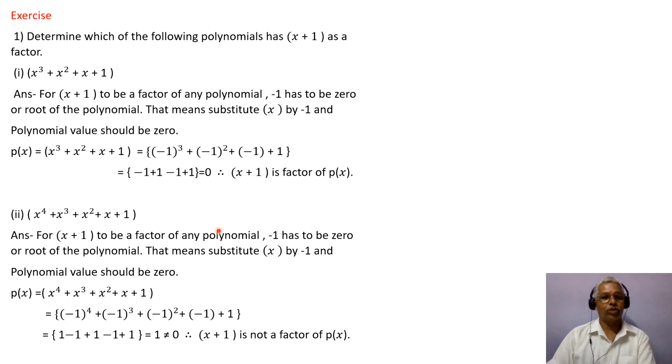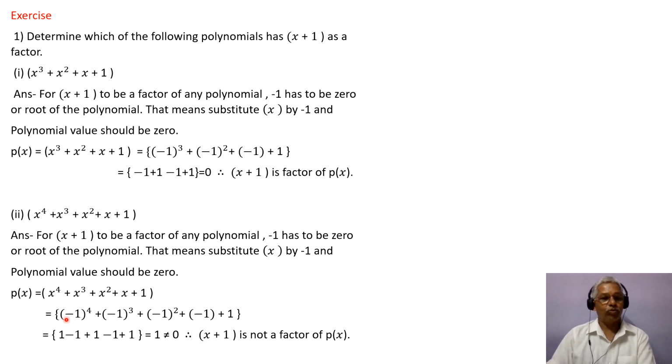Same thing, for x plus 1 we have to substitute minus 1. The zero of this polynomial is minus 1. We know the theory of zero of a polynomial, so we will substitute this value in the polynomial. px equals x raised to 4 plus x cube plus x square plus x plus 1.